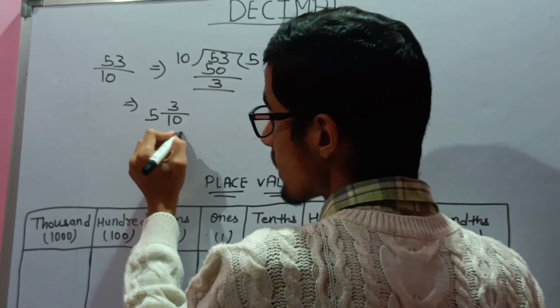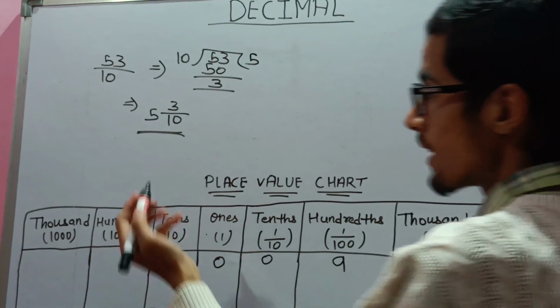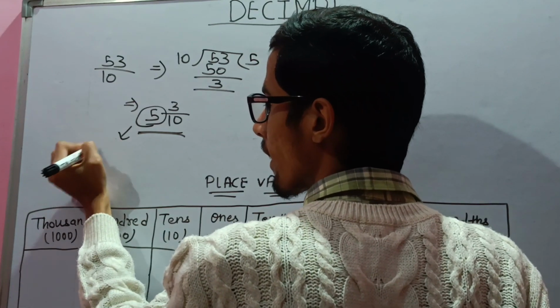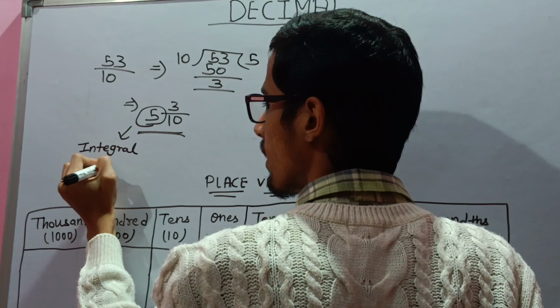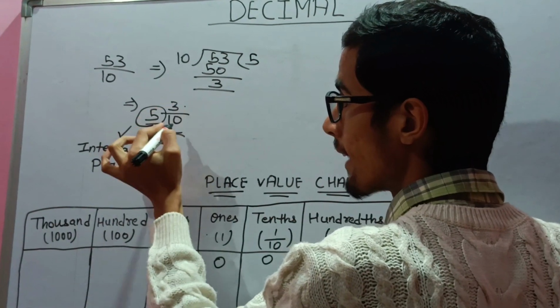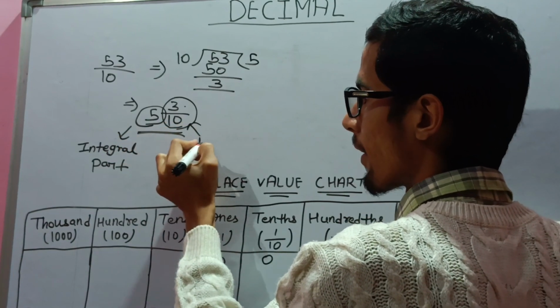So if we change this mixed fraction into a decimal, how can we change this? This is the integral part. And this part, in which the numerator and the denominator come, is the fractional part.